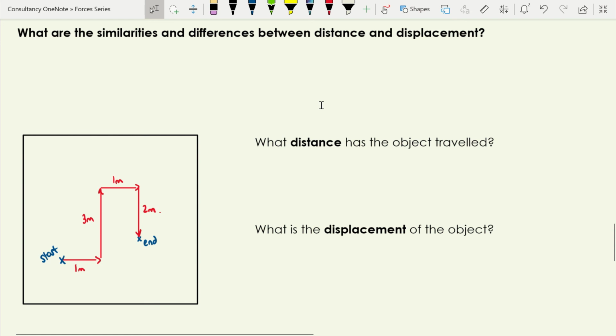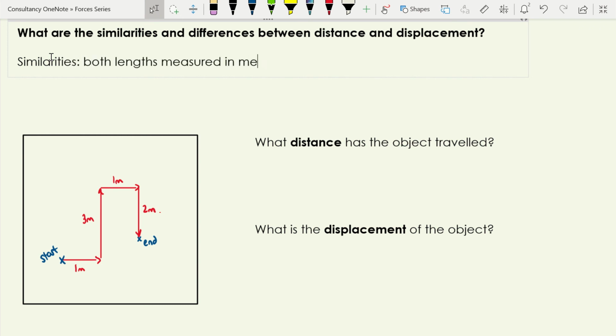All right, so let's see what we've got here. So first of all, let's take a look at similarities. They are both lengths measured in meters. Okay, so I reckon that would be what they have in common. Difference. So our distance is a scalar.